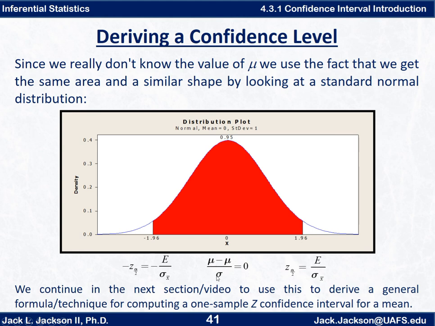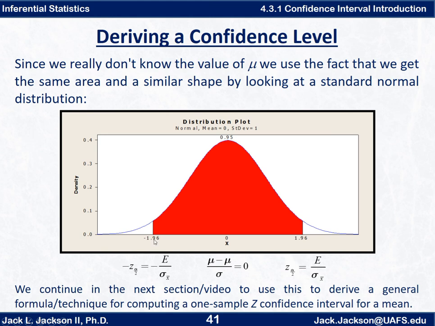And of course, when you do mu minus mu over sigma, that's 0, so the mean is now 0. And then up here we have mu plus e, and when we subtract the mu, then we just get e, and then divide by the sigma of the x bars here, and we get this 1.96.